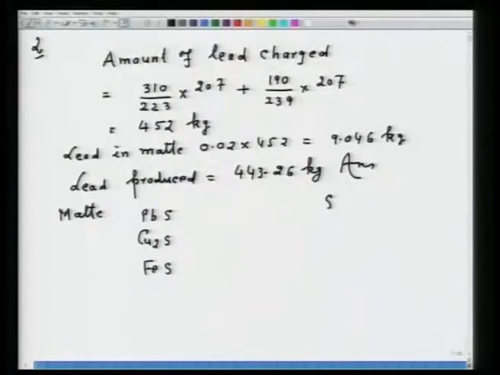If you make the sulfur balance, sulfur charged, you have to consider from all sources, and in this problem that is equal to 31.44 kg total sulfur being charged. Now, you know the amount of lead in the matte, that is 9.046 kg. From there you calculate PbS, then see how much sulfur is combined with lead, and then you know the copper. So, that amount of copper you calculate in terms of Cu2S.